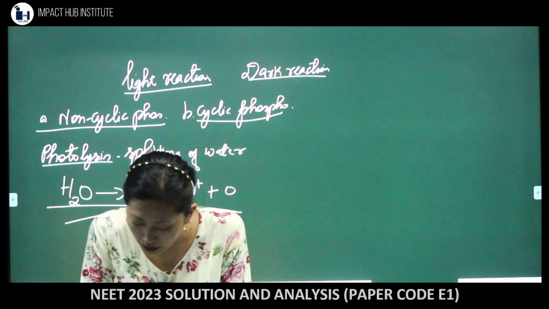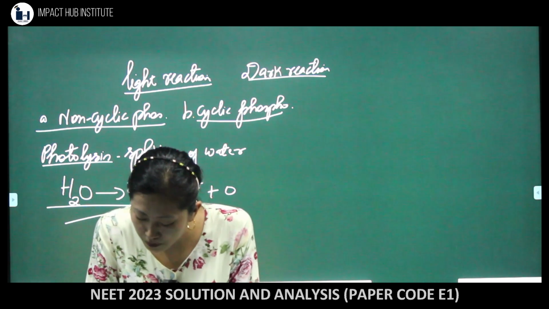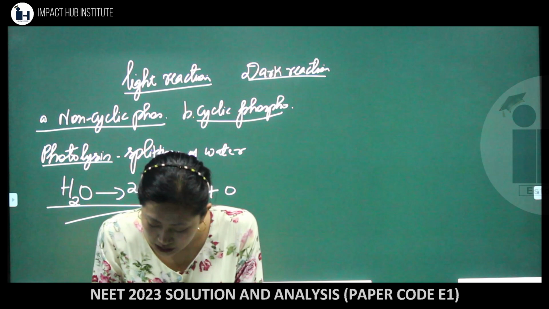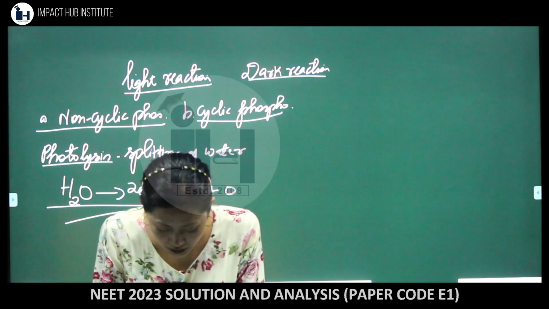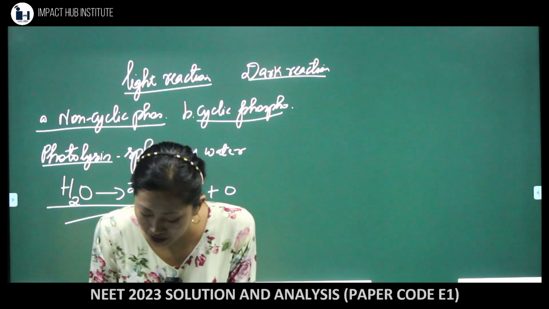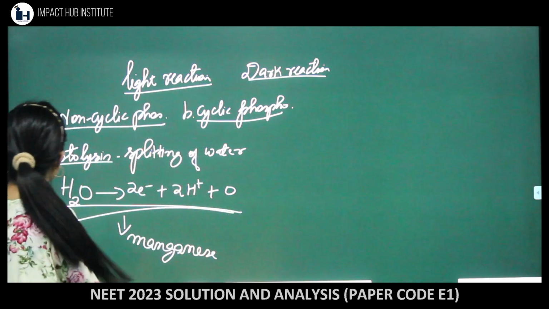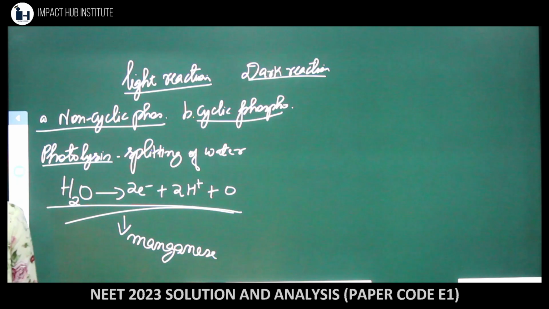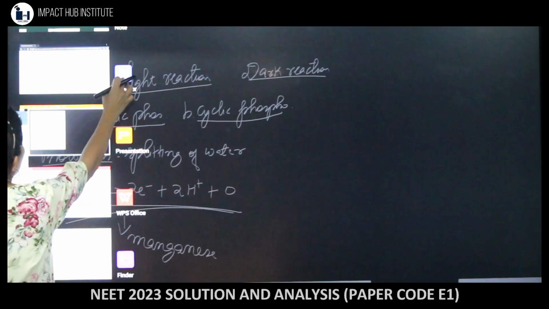Coming to question number 110, axile placentation is observed in... the correct answer will be option 4, China rose, petunia, and lemon. This is how the axile placentation looks.